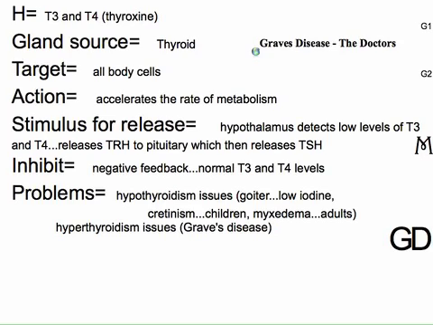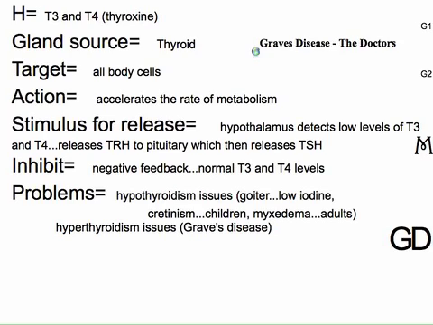That hormone travels to the pituitary gland, and remember it's the anterior pituitary, and causes the anterior pituitary to release thyroid stimulating hormone. And this is all controlled by negative feedback. So whenever there's a normal amount of T3 and T4, we will no longer need the release of T3 and T4, and so the whole system will turn off or slow down.